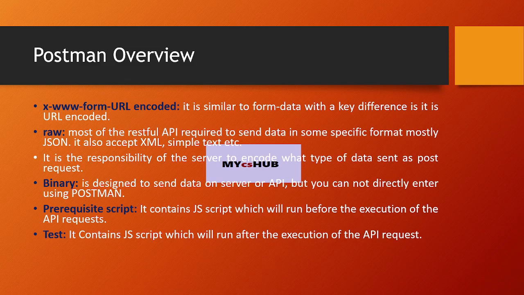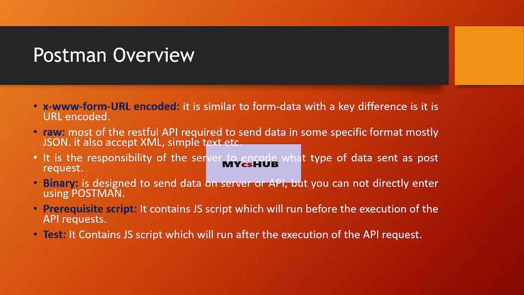Whatever option you have selected, it is the server's duty to interpret how the data comes with the API request, process it, and return some response. Thereafter, we have binary. Binary is designed to send data to the server, but you cannot directly enter it using Postman. This is the disadvantage of the binary section.